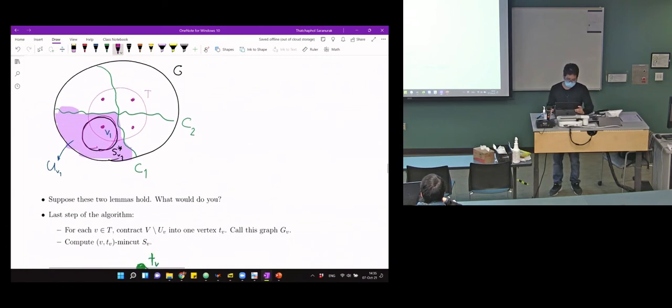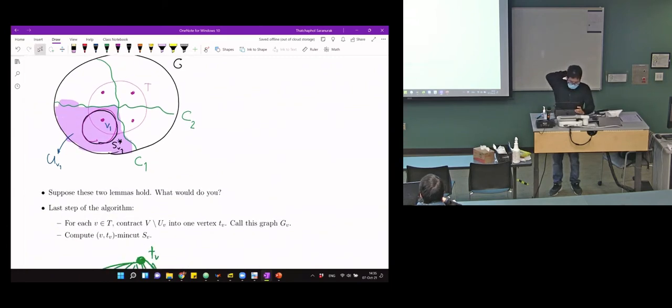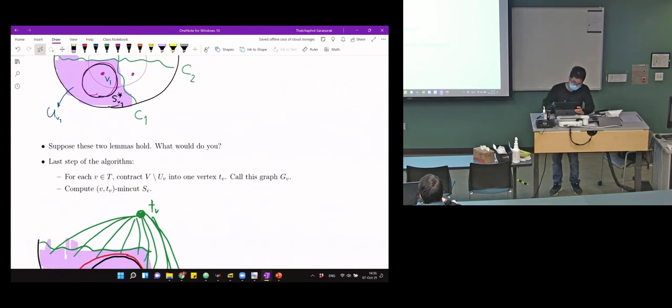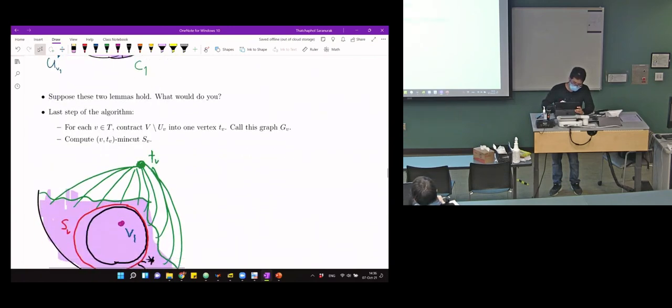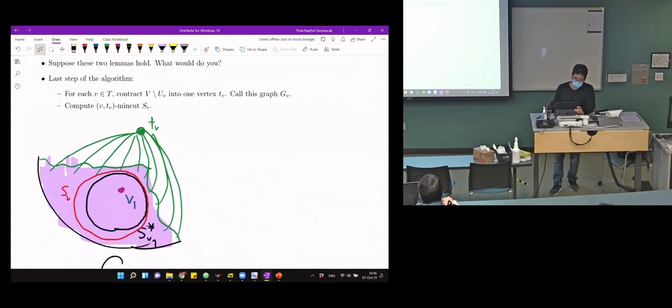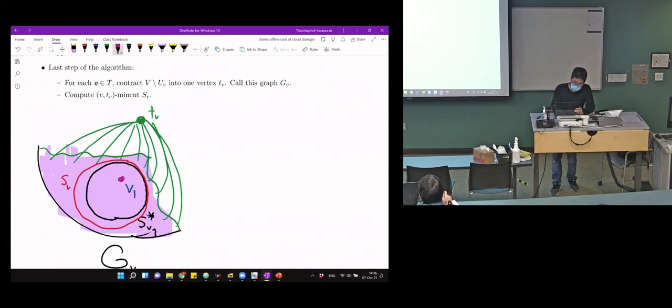The reason is that, as the last step of the algorithm, for each of the terminals V, you can contract everything outside UV into one node TV. Let's call this graph GV.